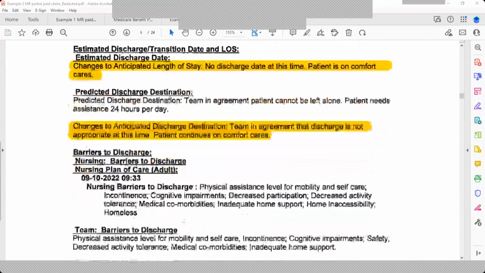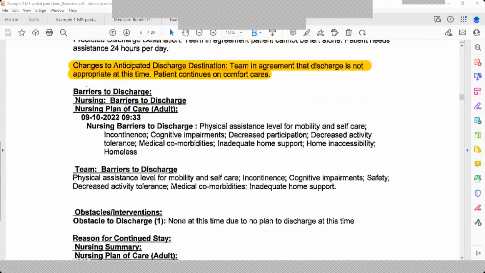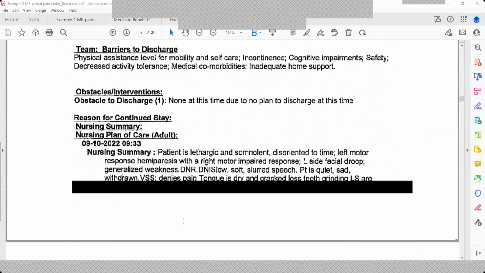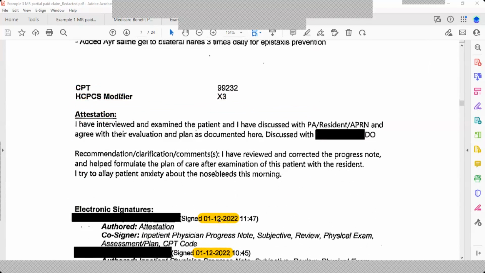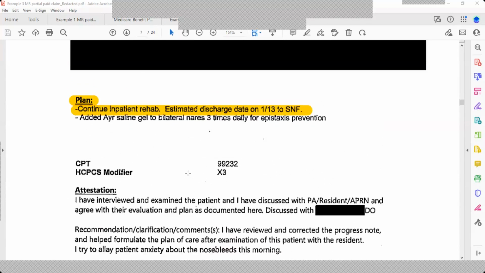So now we're going to look at the physician notes for documentation of the patient's status during the IRF stay. On January 12th, 2022, here's the date, the plan states to continue inpatient rehabilitation with an estimated discharge date of January 13th to the skilled nursing facility.